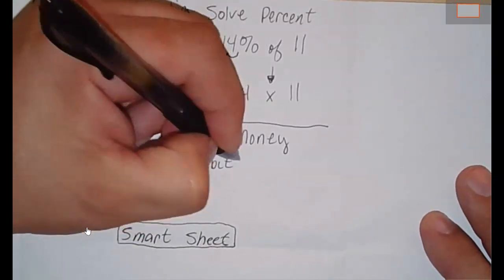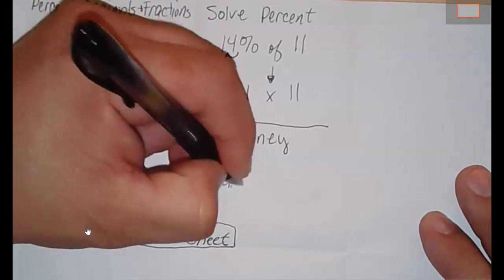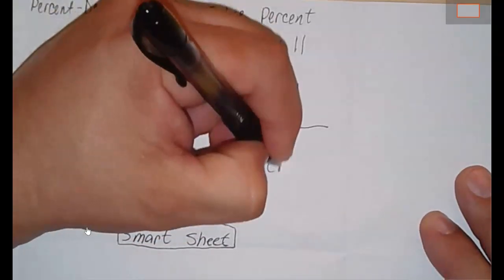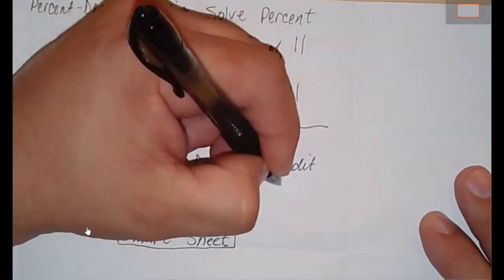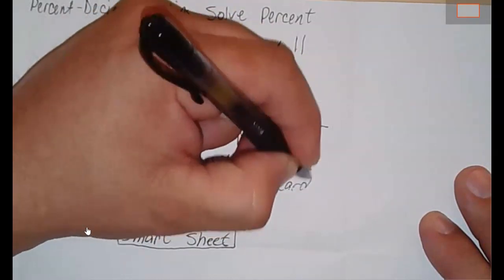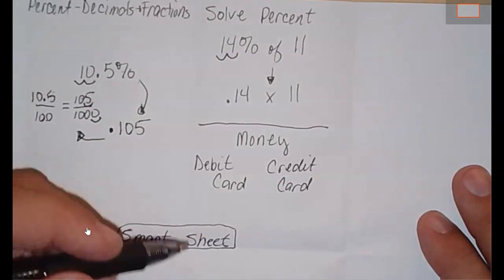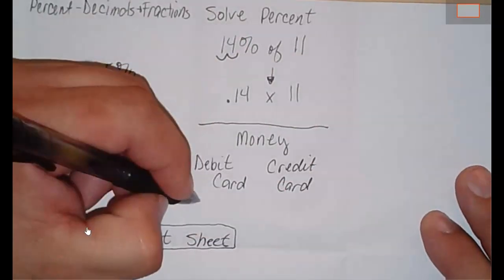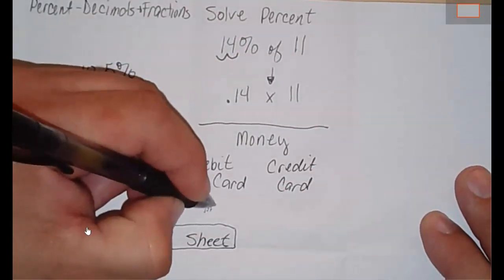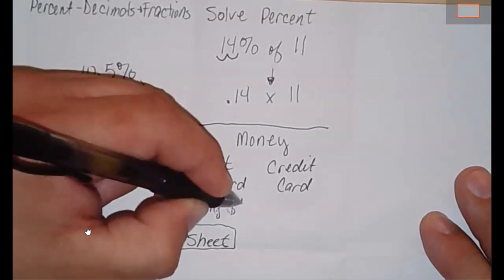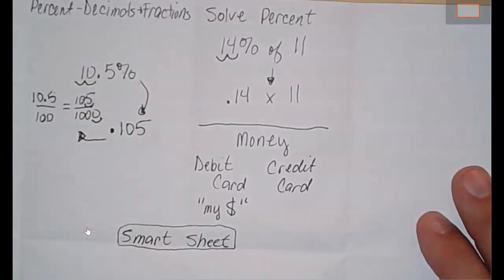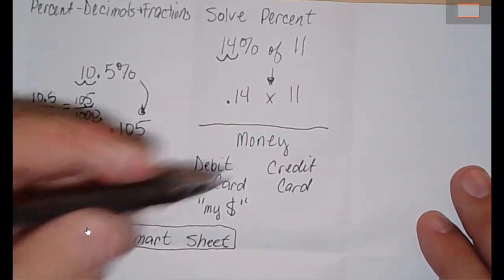Debit card and credit card. So we talked about it. All you need to know is that this is my money. You can do whatever you want with it. No one's going to charge you anything for it. You can take it out of an ATM.